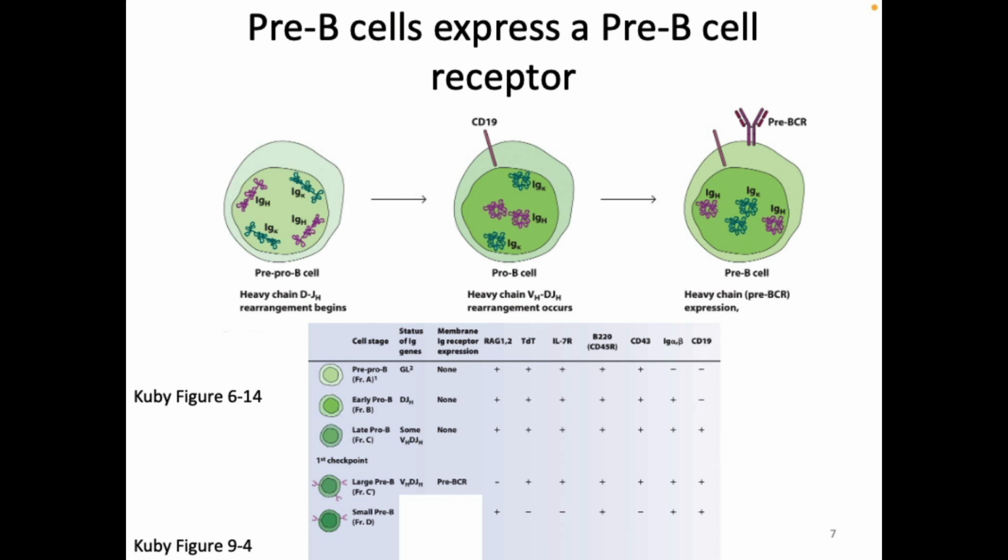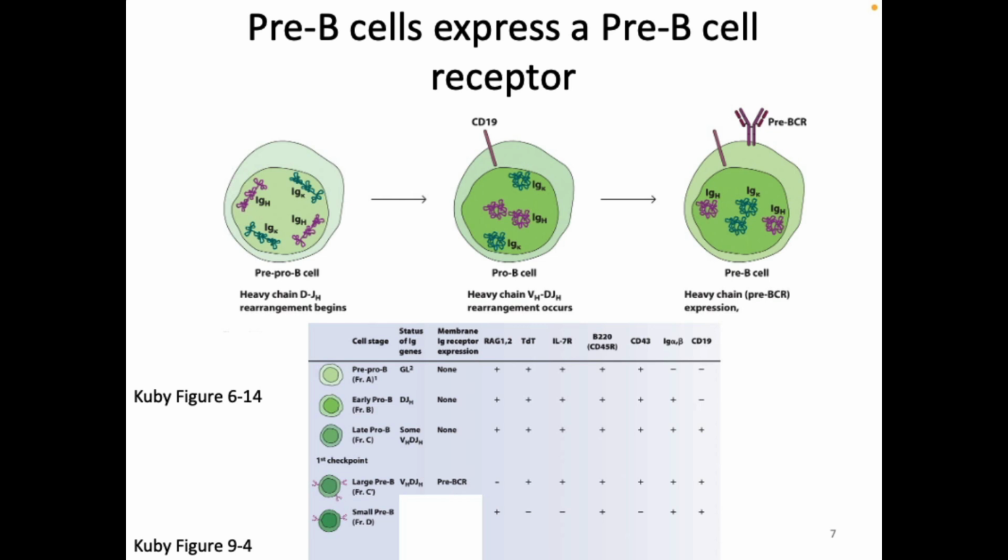And pre-B cells are going to do, again, a bunch of functions. So we're going to see a bunch of different things happening with the pre-B cell that we can think a little bit about.